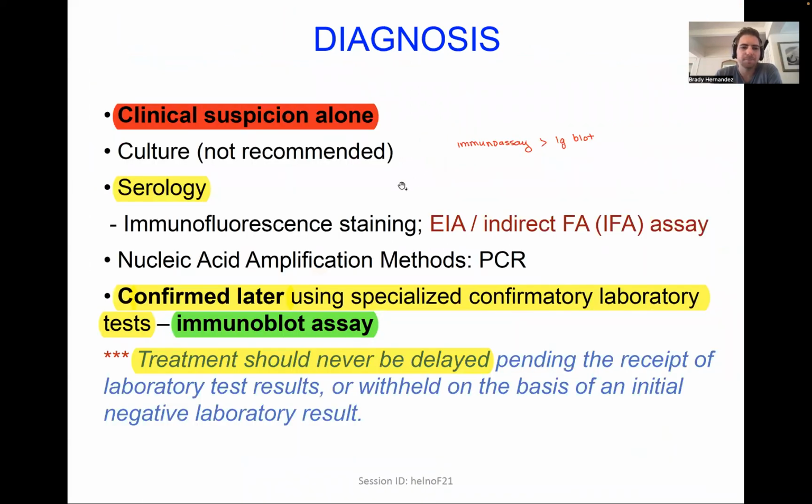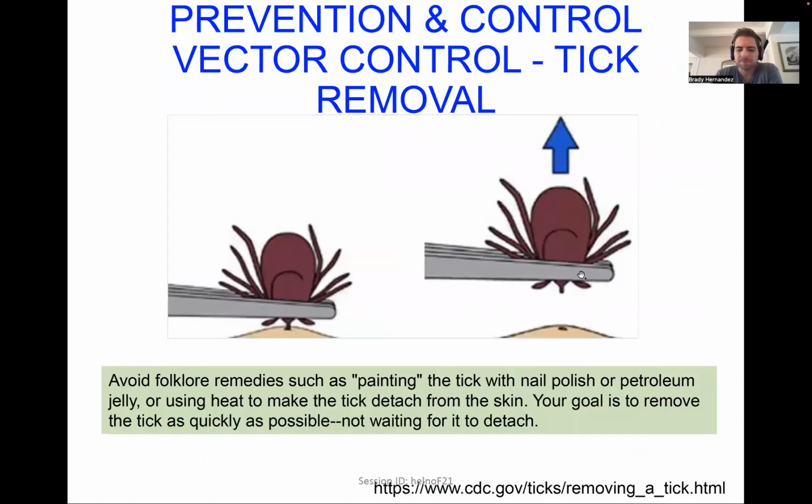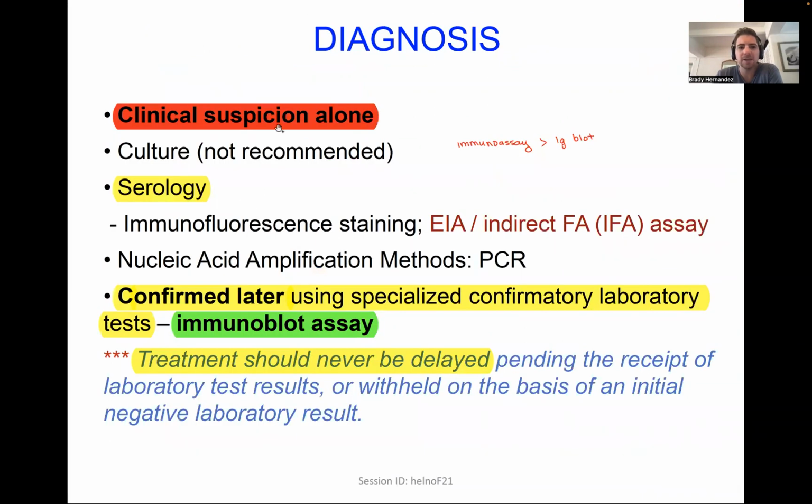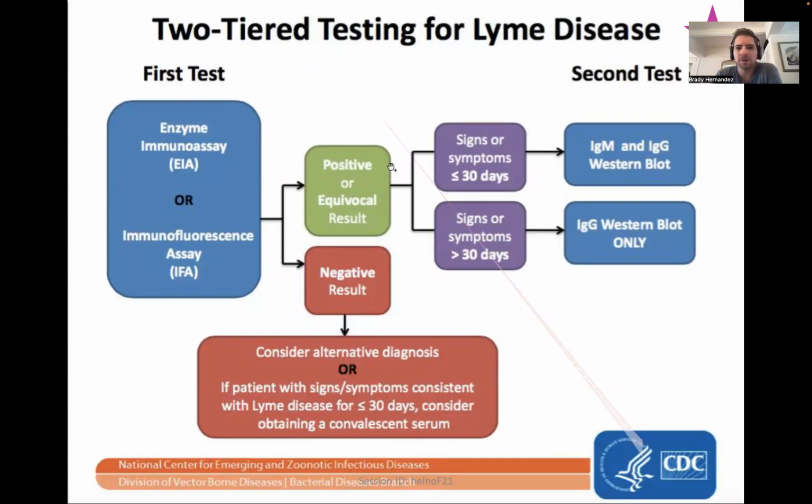All right. Again, just like Rocky Mountain spotted fever, you kind of diagnose it by the rash or the clinical symptoms that you see there. Actually, I feel like this was tested. You do a two-tier test. Again, with clinical suspicion you could start treating it, but this is how you would do it classically.